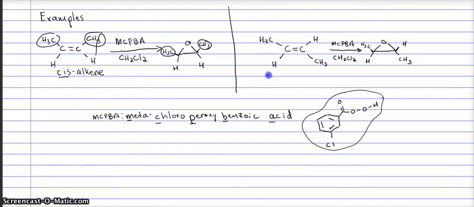Here's an example with a trans alkene. The methyl groups are in opposite directions. You'll see in the product of our epoxide, the methyl groups are going opposite. So we can get stereochemical control with this if we start with a cis or trans alkene.